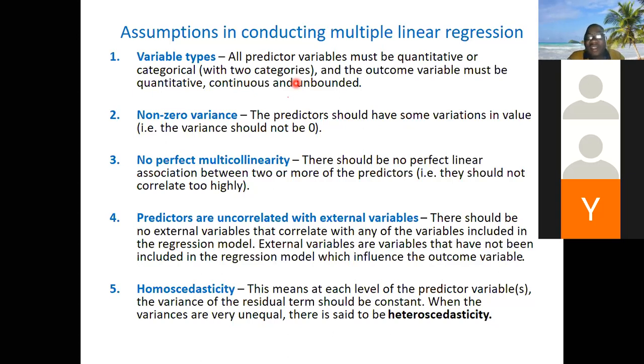Non-zero variance. What it means is that the value of the variable must vary. You cannot have, for example, a factor where all of them have the same value. For example, we say we can use diabetes, yes or no, as an exposure, as a predictor.